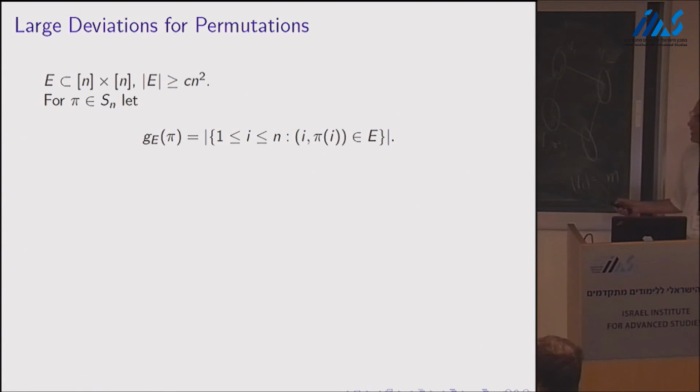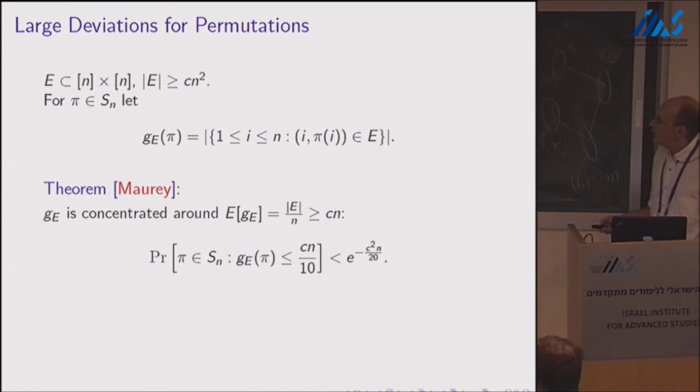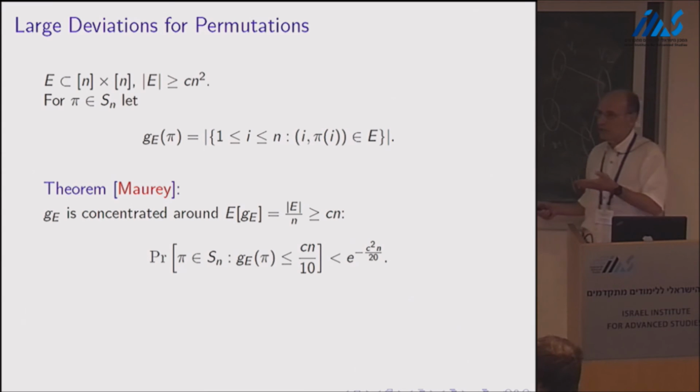It has at least Cn squared edges. And for any permutation pi, we look at the number of i such that (i, pi(i)) is a member of E. Then obviously the expected value of this random variable is |E| over n, because the probability of an edge appearing is 1 over n. So it will be Cn.